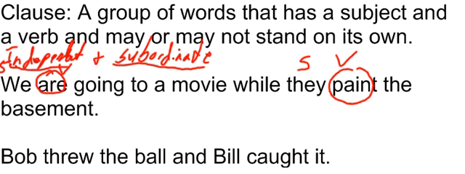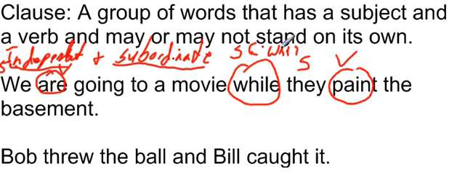The next thing we need to look at is if the connector is subordinate. In this case, we have while, okay? A while is called a subordinating conjunction because it's telling you when, okay?